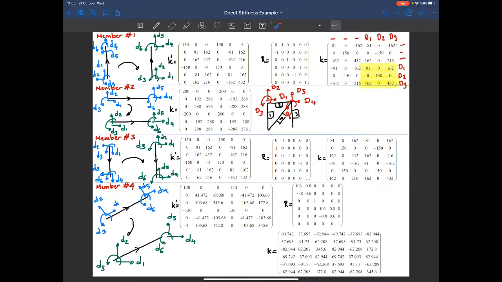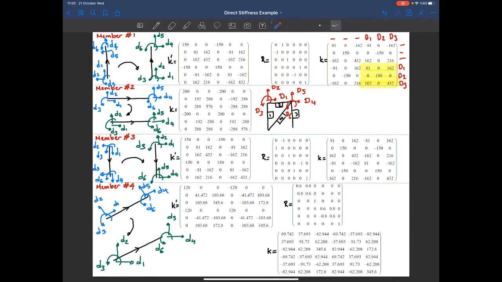How much resistance will I get from the first member? It's 150. All right. So since this portion of the structure will move, if you just take a look at the member, actually only this node will move, and these are the corresponding stiffness coefficients.